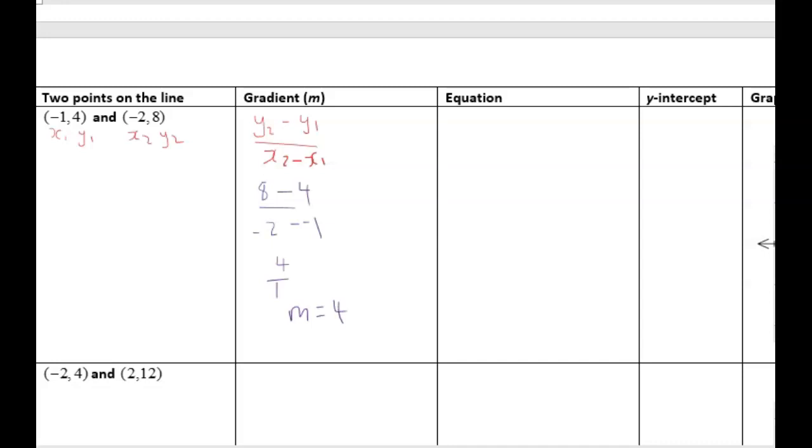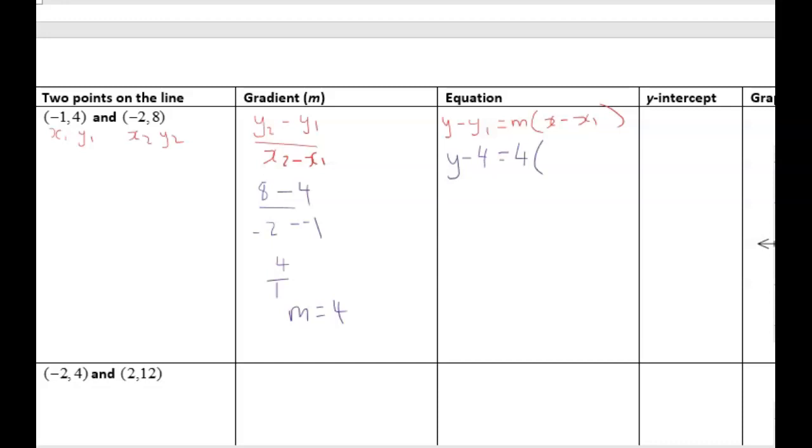Finding your equation. So first of all, write the rule. y minus y1 equals m times x minus x1. Okay, so substituting in a point, remember you could use either one, but because we're just learning, let's just stick to x1, y1. So we've got y minus, and then I'm going to put in y1, which is 4. m is also 4.